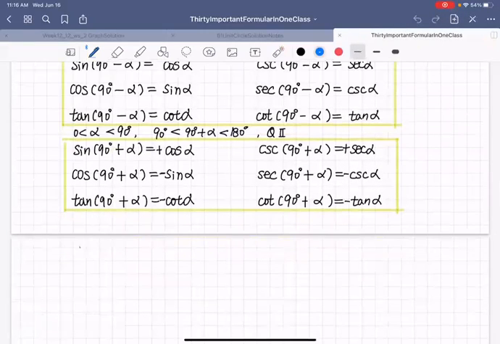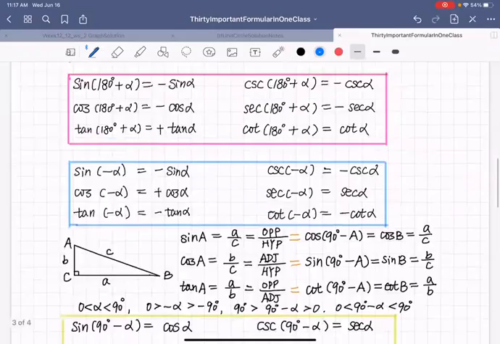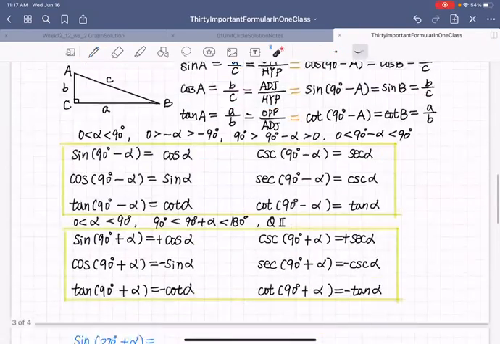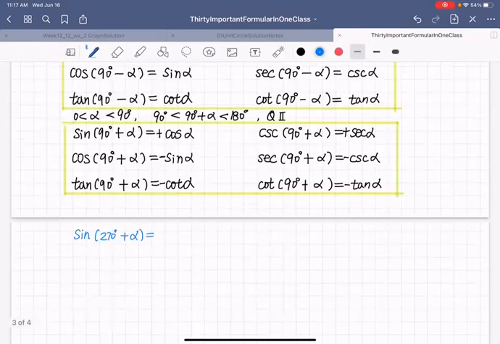If you have a difference of 270 degrees, 270 degrees plus alpha, we can use the formulas here in 2 steps. We use this one as a first step. We say this is sine of 180 plus 90 plus alpha, correct?